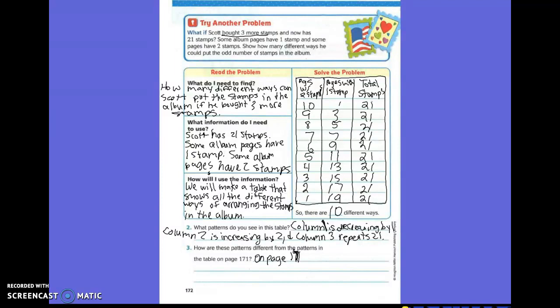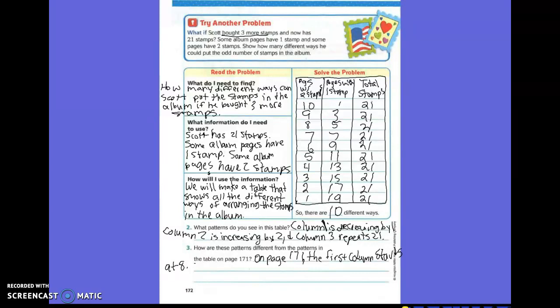Now, how are these patterns different than the patterns on the table for page 171? On page 171, we said the first column starts at 8. Okay, the first column starts at 8. Now how is column 2 different than column 2 on the first page, on 171?